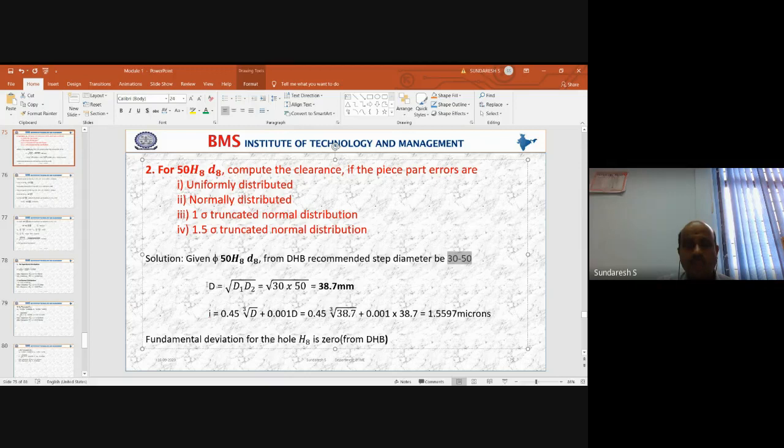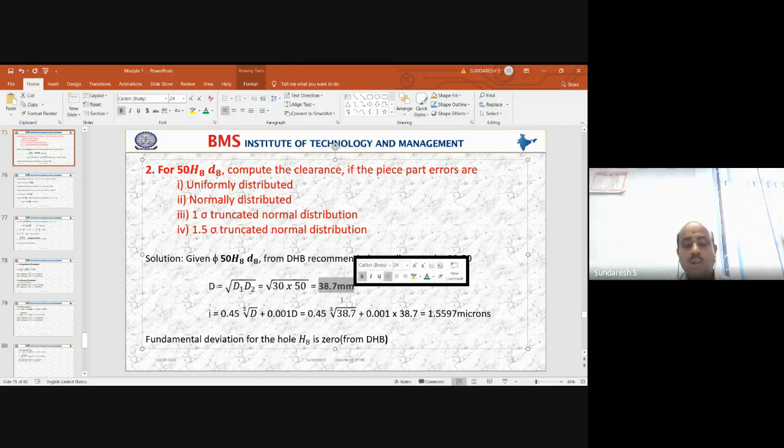Then diameter D is the geometric mean of D1 and D2, 30 and 50, which gives 38.7. Then you calculate I. Please operate your calculator and check whether the values you are getting are correct.